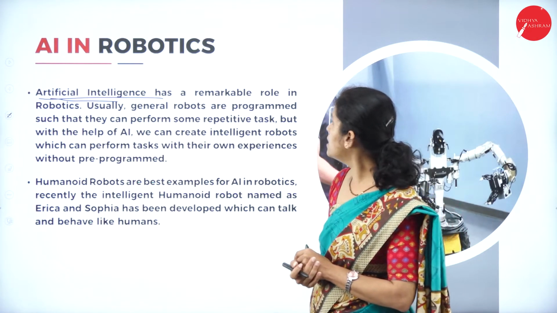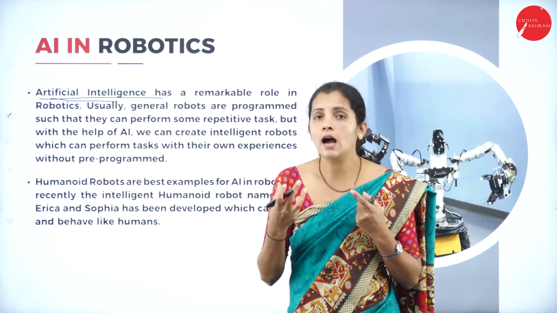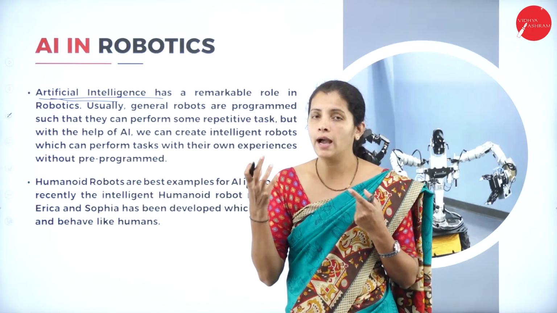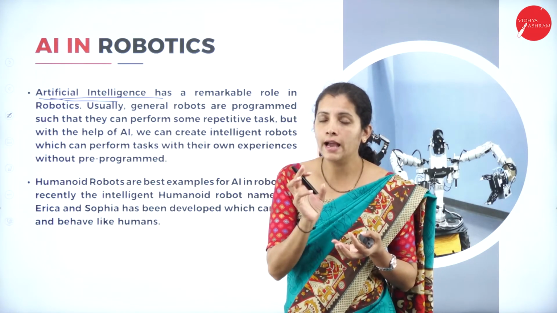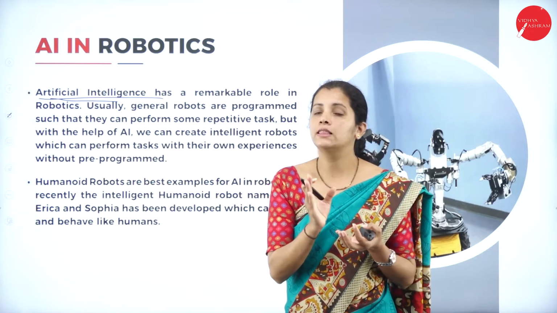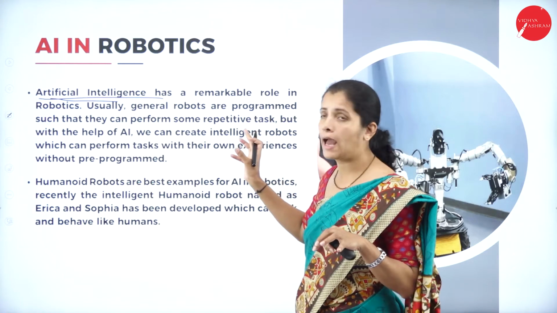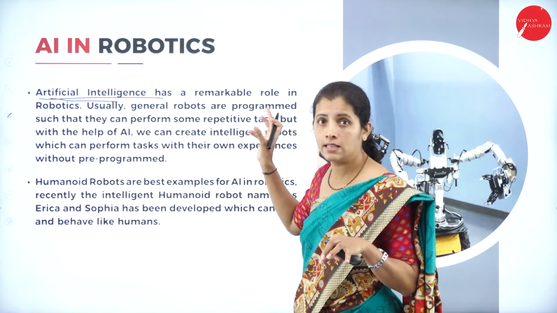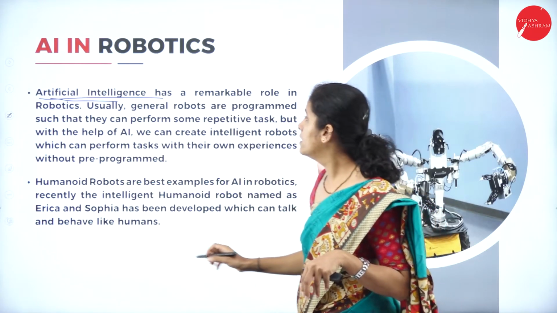Usually general robots are programmed. So all the robots are programmed. It's going to have a certain set of data, and based on that data it's going to take the decision, and it's going to have the sensor as well as the memory.